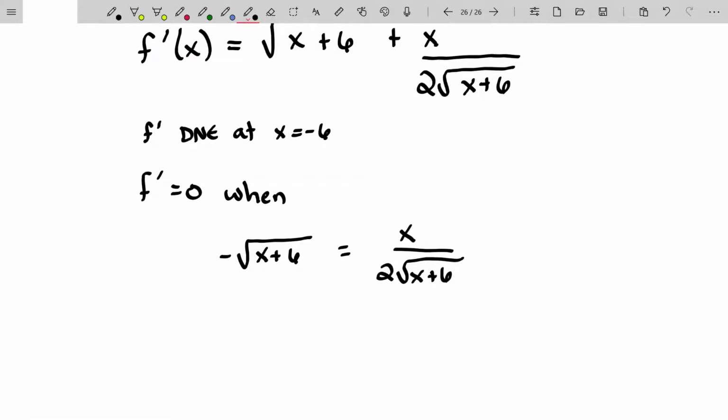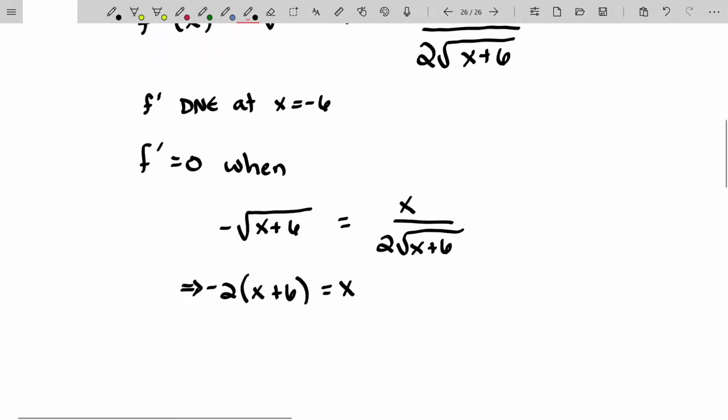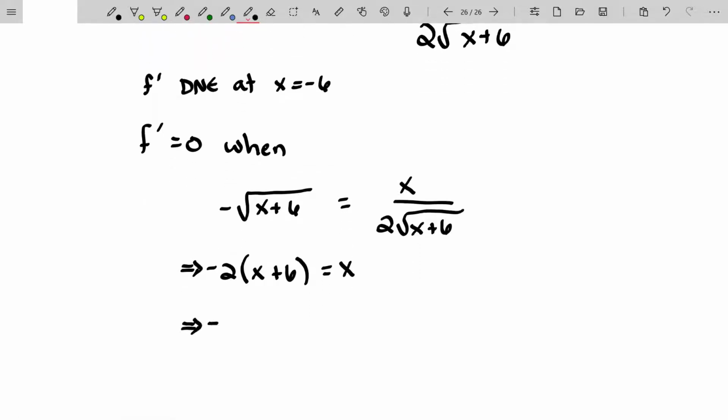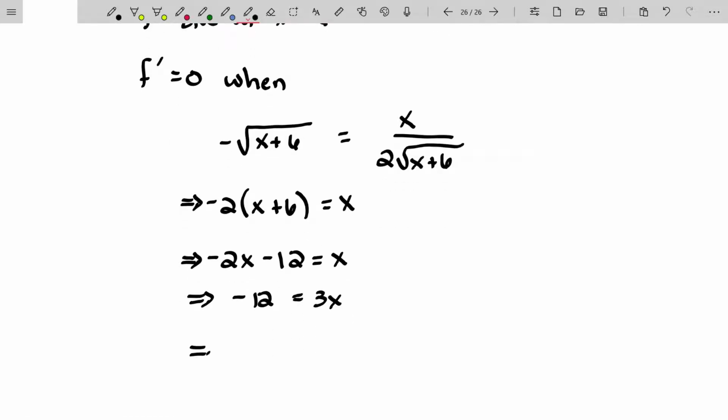Now I'll multiply both sides by 2 root x plus 6. So this implies we have -2 times the quantity x plus 6 is equal to x. Or in other words, -2x minus 12 is equal to x. Or in other words, -12 is equal to 3x. Or in other words, x is equal to -4.